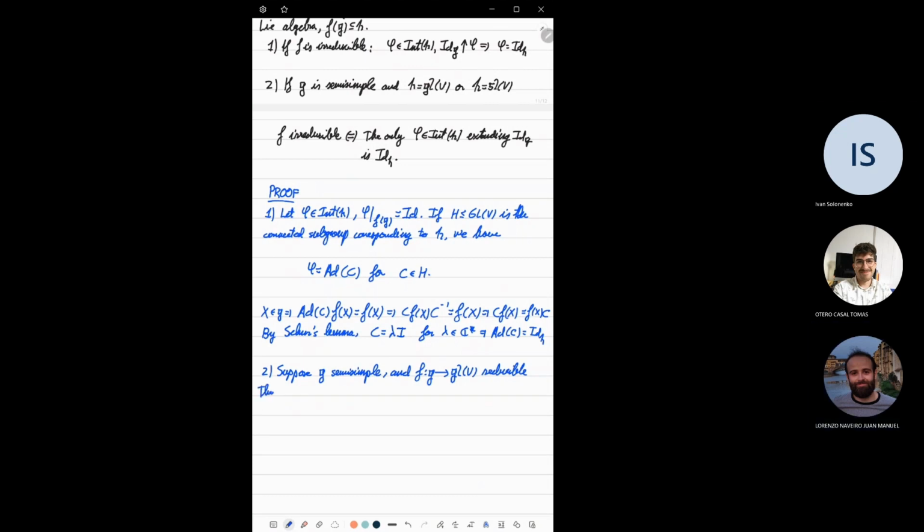So then V must be equal to V1 direct sum V2, for invariant subspaces.